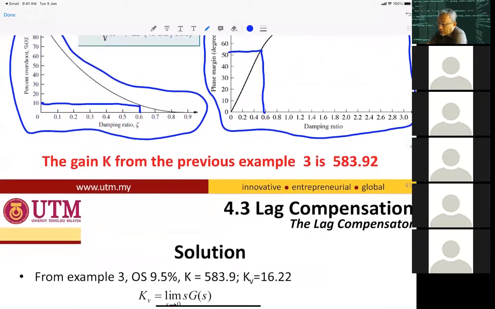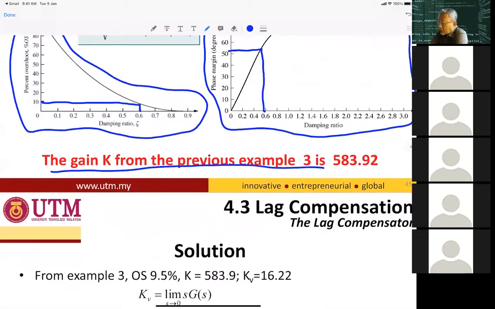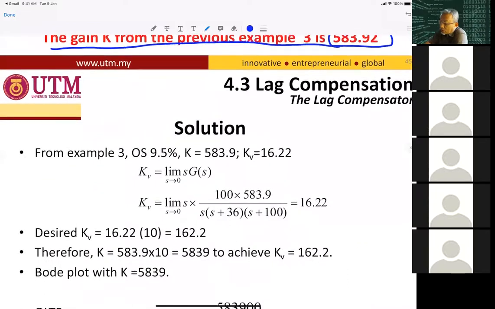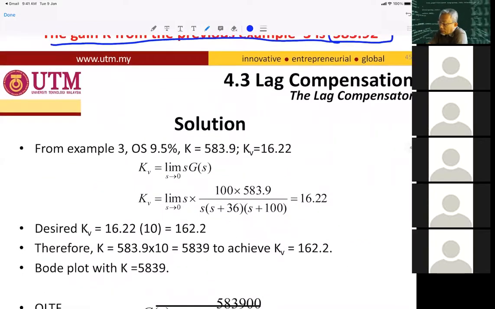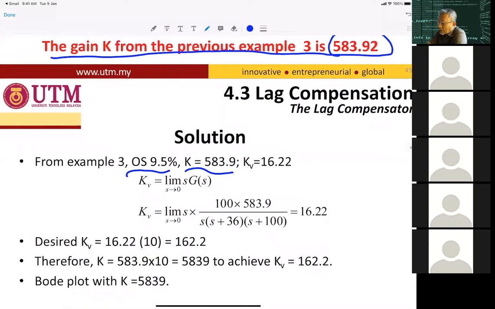So the gain K from the previous example is 583.92. From example 3, overshoot 9.5%, the K is 583.9, and KV is 16.22. You can get 16.22 from the booklet or from the calculation.